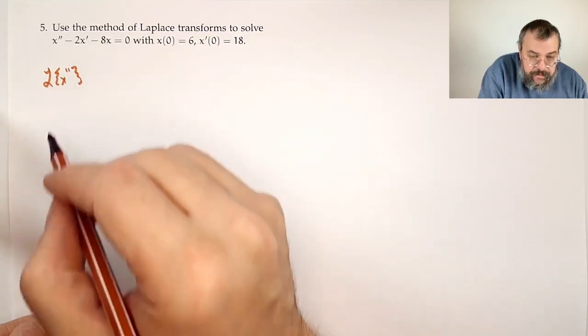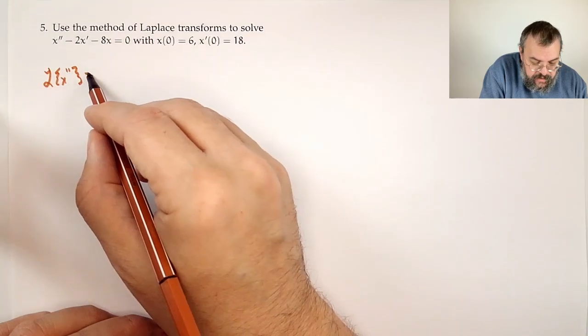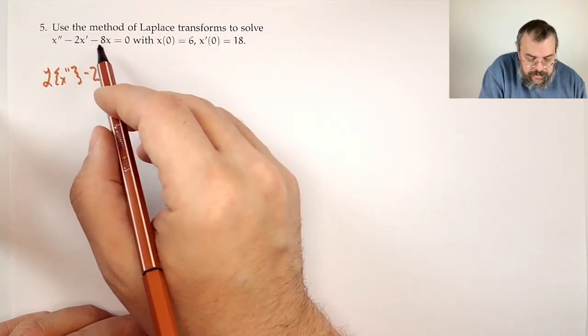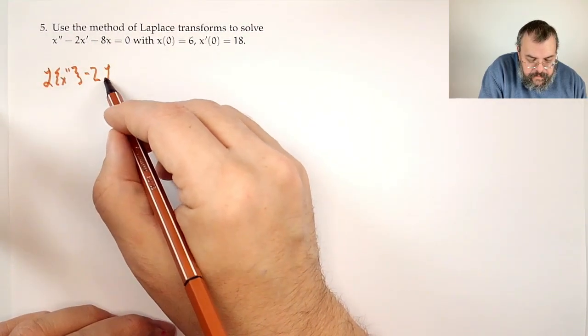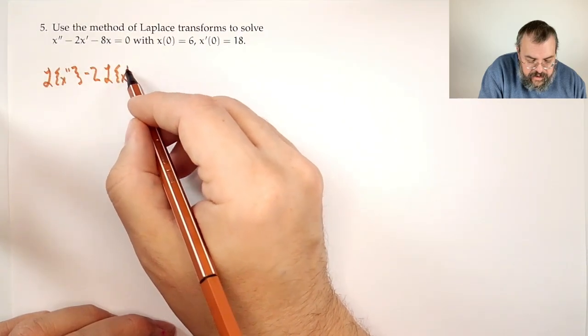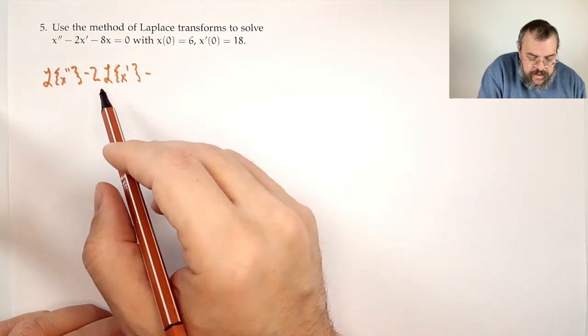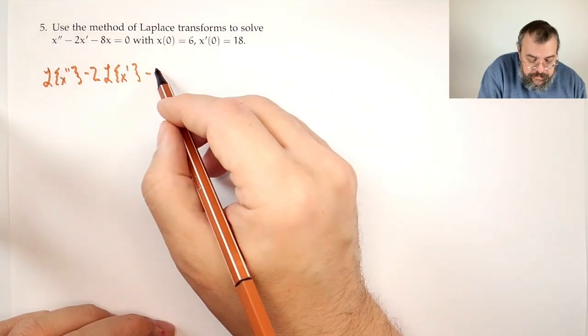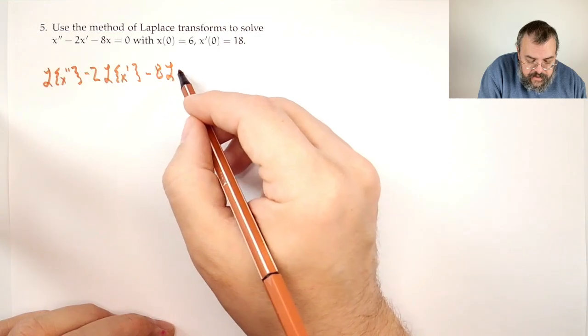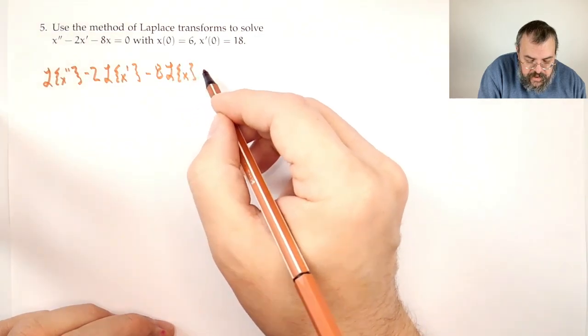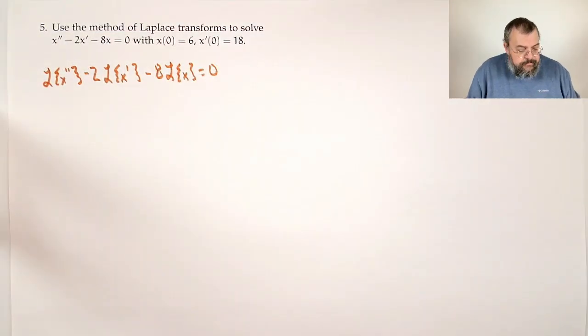And remember, Laplace transform is linear, so I can break it up in a nice way. Anything where I have subtraction or addition, that breaks up. And of course, I can pull out constants. So I have the Laplace transform of x double prime minus 2 times the Laplace transform of x prime minus 8 times the Laplace transform of x equals 0.